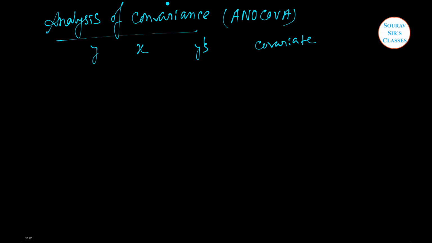Number 3, in plant breeding experiment, suppose an equal number of seeds are sown per plot, but at the time of harvest the final number of plants in each plot will not be the same due to certain reasons and will vary from plot to plot.